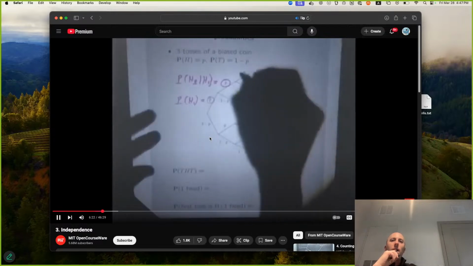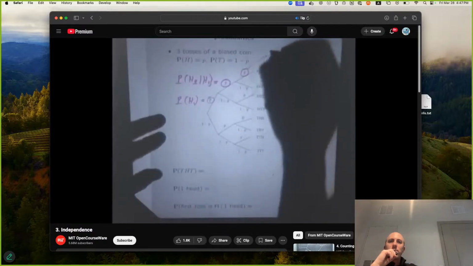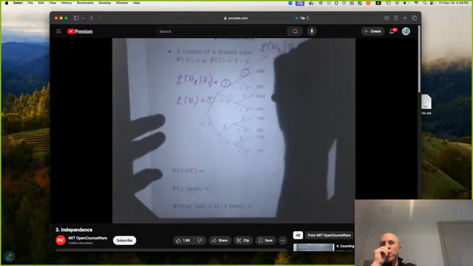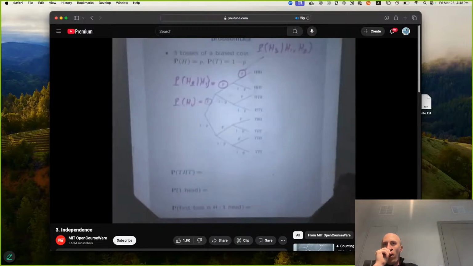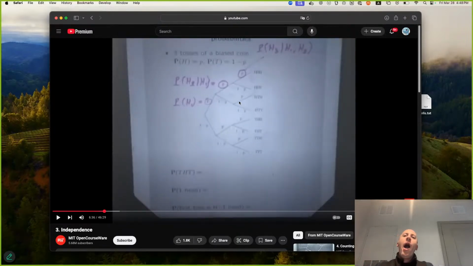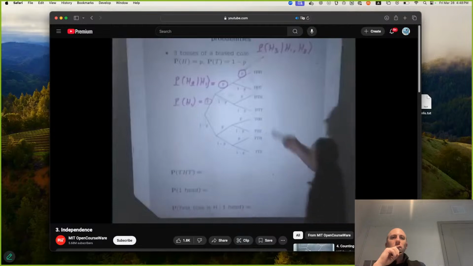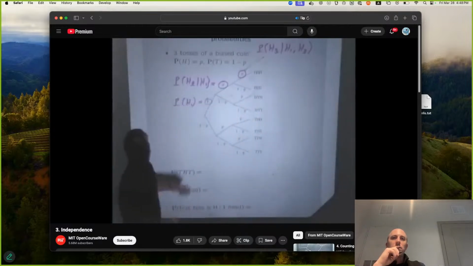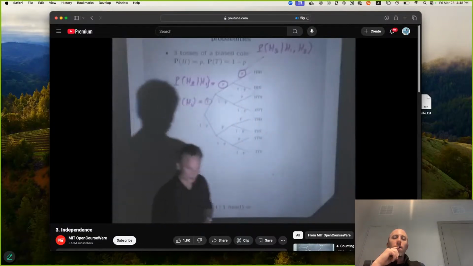And similarly, this label here corresponds to the probability that the third toss resulted in heads, given that the first one and the second one resulted in heads. So in this particular model, those probabilities P of obtaining heads remain the same no matter what happened in the previous toss.